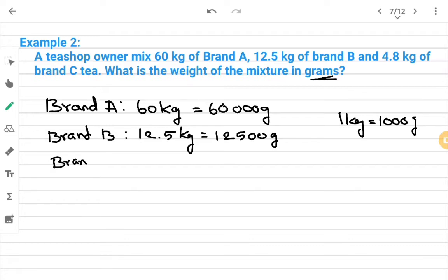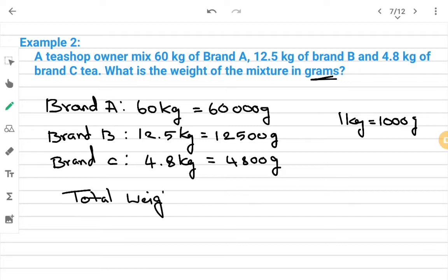And for brand C, the weight is 4.8 kilogram. In the same way, we have to multiply by 1000. So you will get 4,800 gram. Now we are going to find the total weight of the mixture. Add all of these.